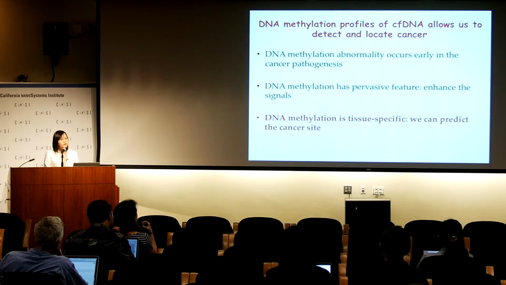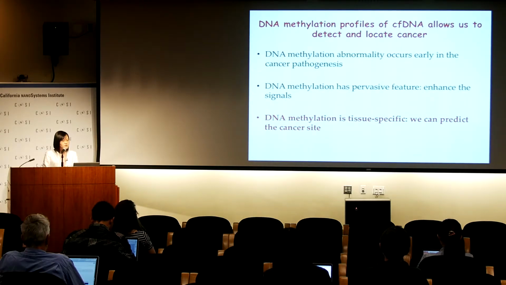So this pervasive feature can be used for signal amplification in order to reduce the diagnostic cost. And also the demethylation abnormality occurs early in cancer pathogenesis. Therefore, it's a good candidate for early detection.